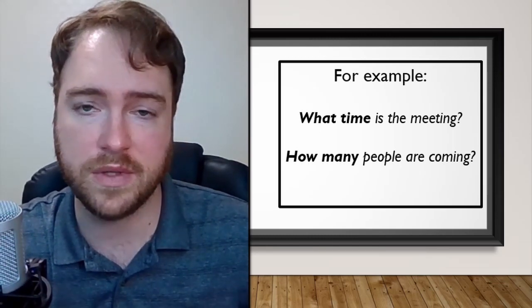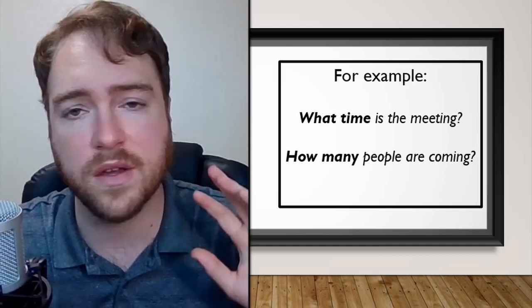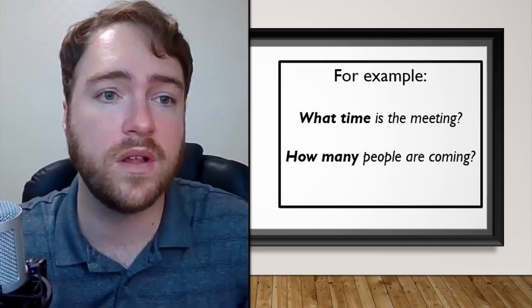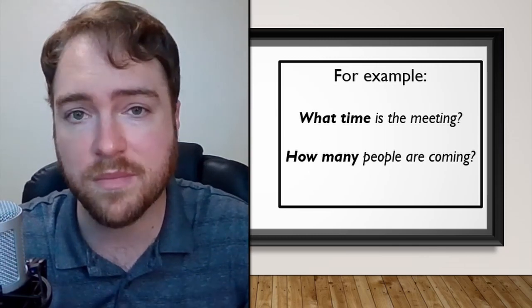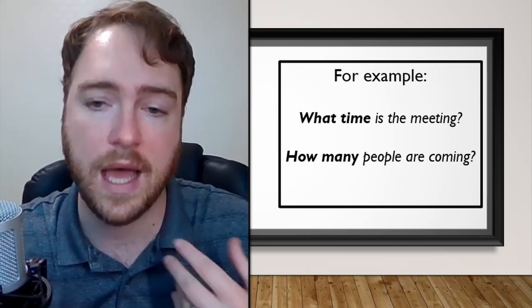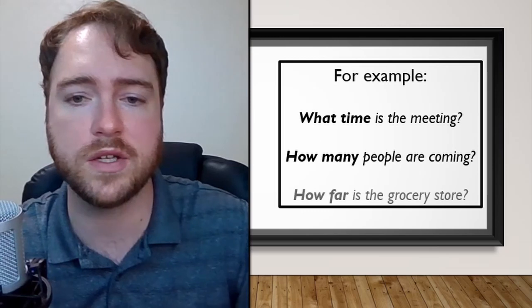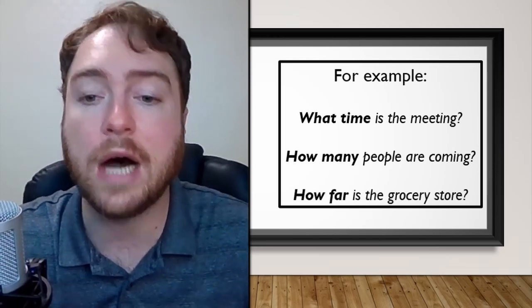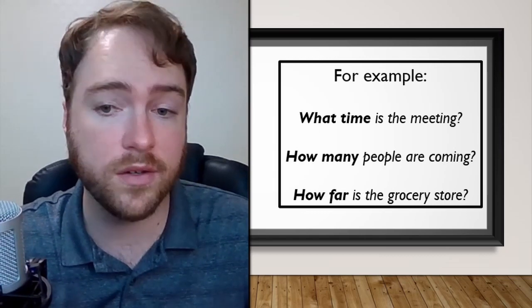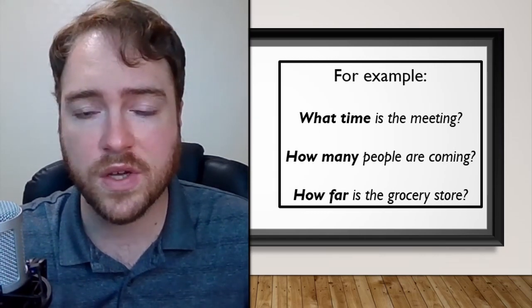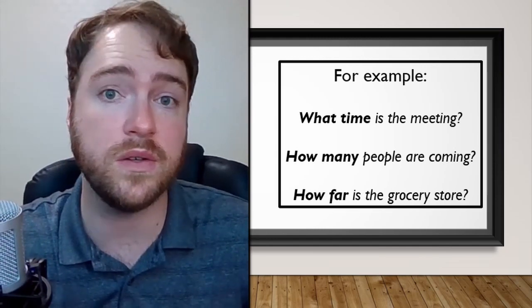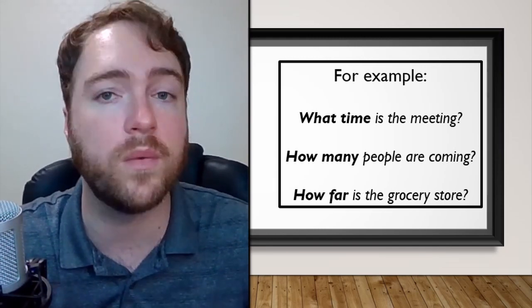In this example, and especially the second sentence, there's no word to ask about the number of something. So we have to use how many or how much. And then the third sentence here, we have how far is the grocery store? So you can clearly see here that sometimes we need to use more than one word.